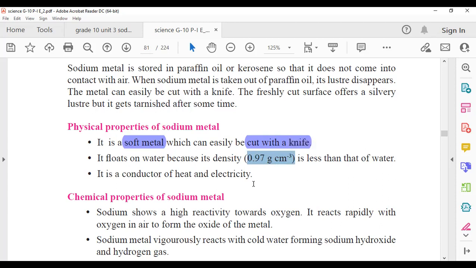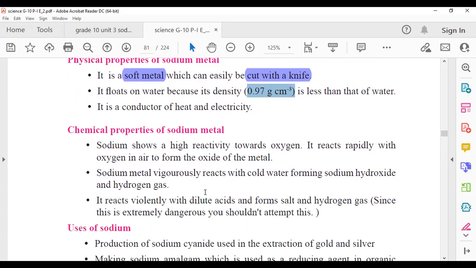This density is less than that of water, so in water, sodium floats. All metals can conduct electricity, so sodium metal can also conduct electricity. These are the physical properties.